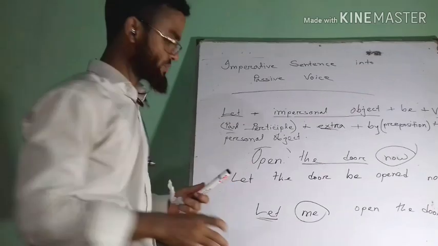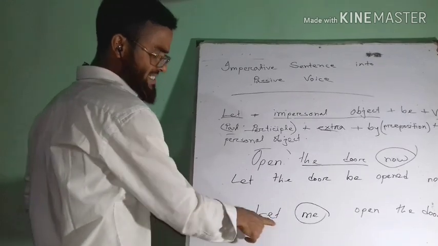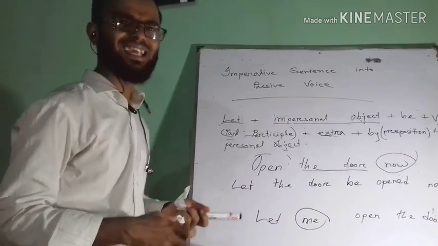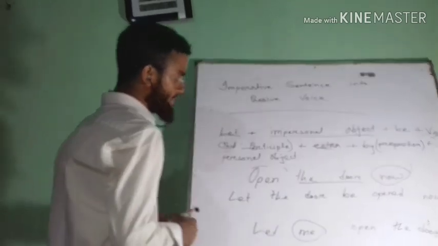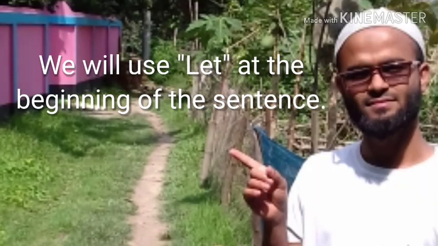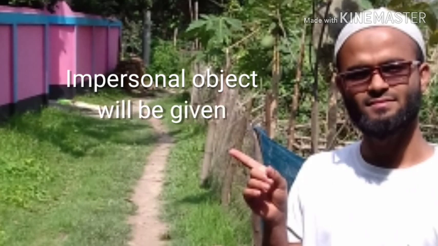Now I will show you how we can change an imperative sentence with let into passive voice. We give let at the beginning of the sentence. After let, we use the impersonal object.